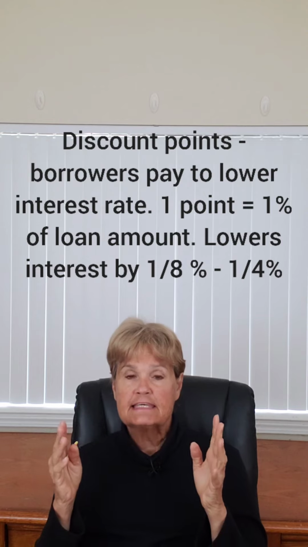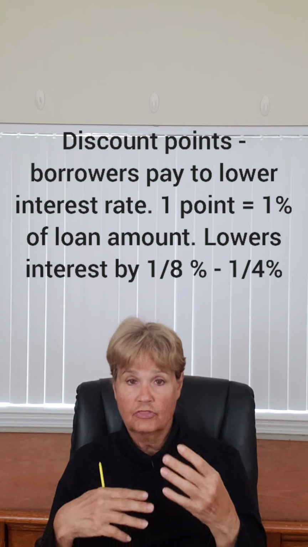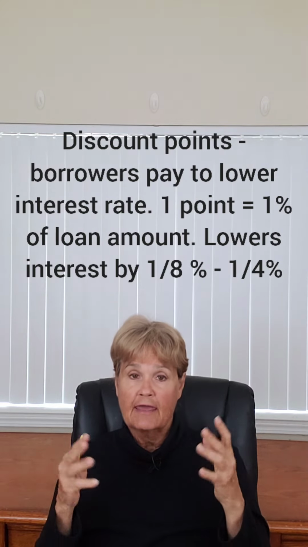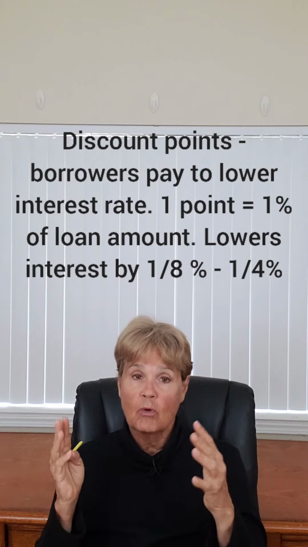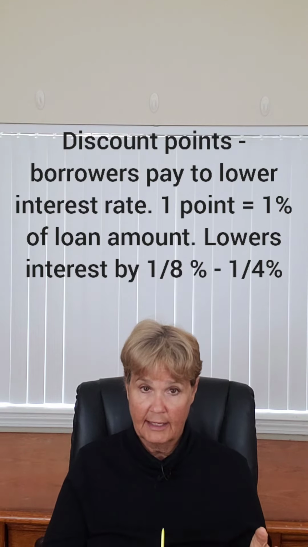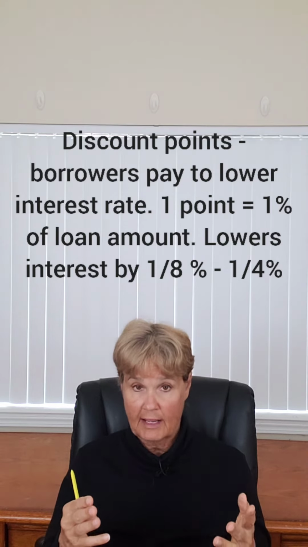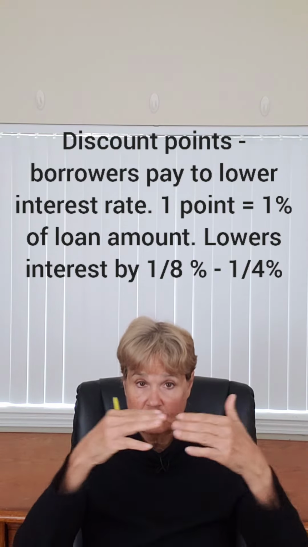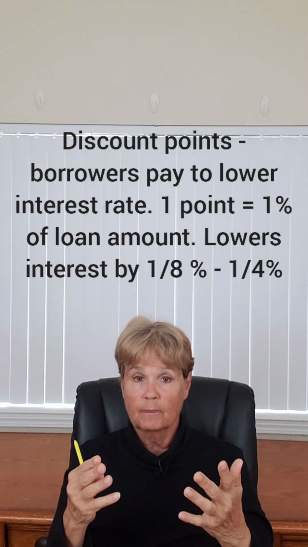Discount points. The borrower may negotiate with the loan originator if they have a lot of extra cash, and they want to lower the interest rate below par. So they want a lower interest rate than what is on the rate sheets that you as a loan originator will use.